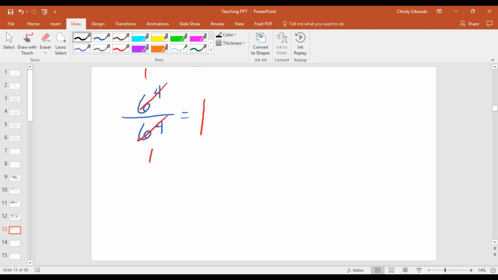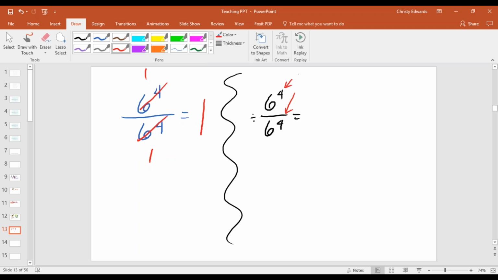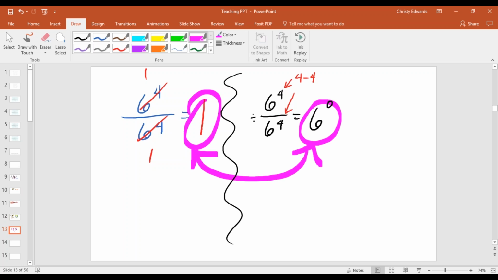But now, with the shortcut, I've been taught that if I'm dividing and the bases are the same, I can just subtract the powers, 4 minus 4, and my answer would be 6 to the 0. Doesn't that mean this answer and this answer are the same as each other?